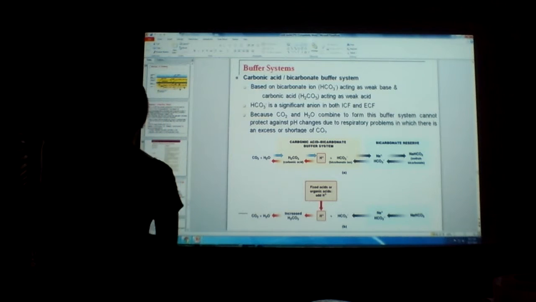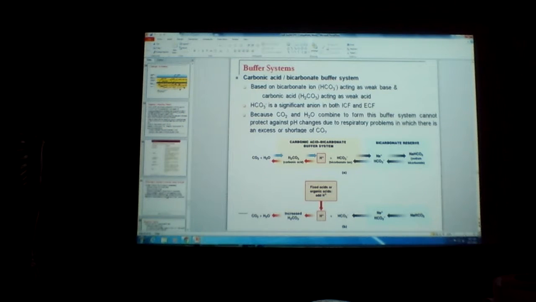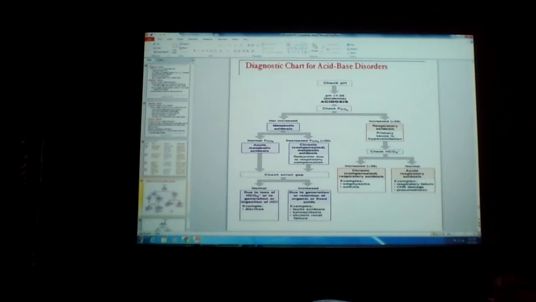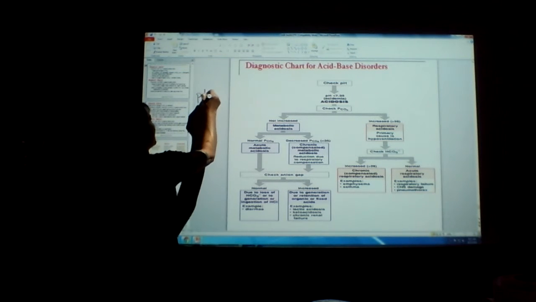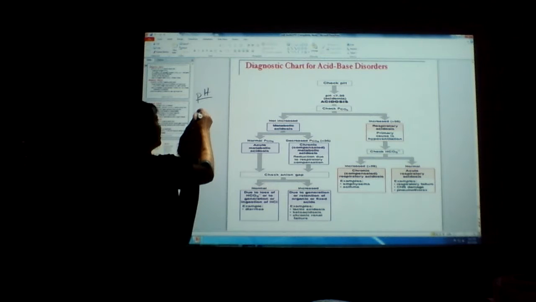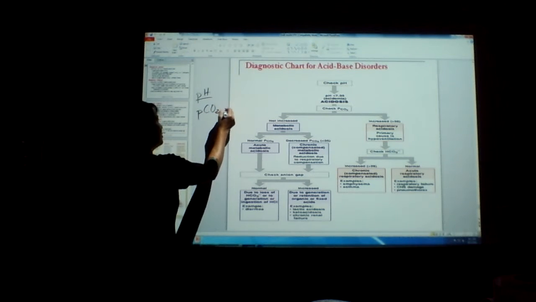So how do we go about this? There will be three values that you will be given in our practice test and in your lecture test. First, you will be given the value of the pH, and then you'll be given the PCO2 values.